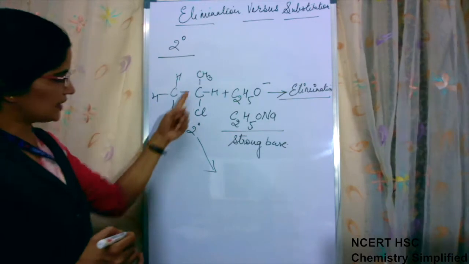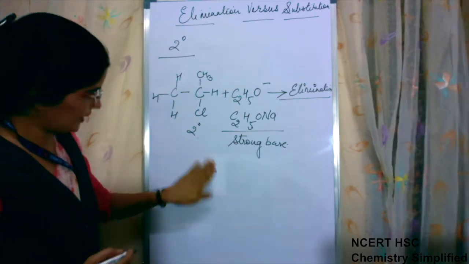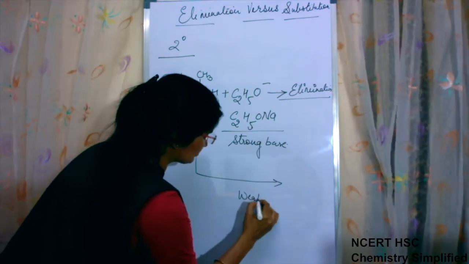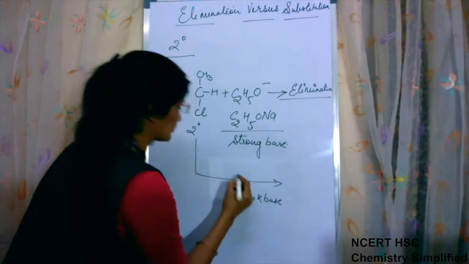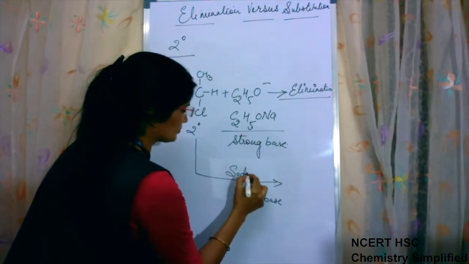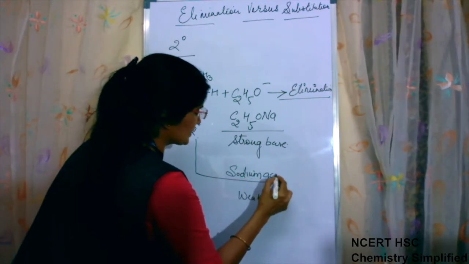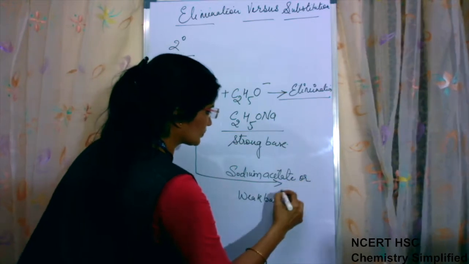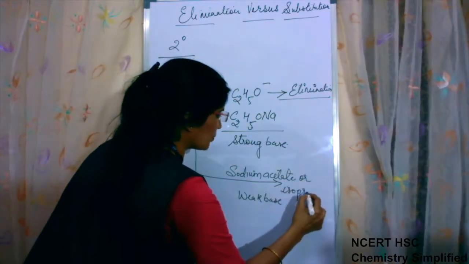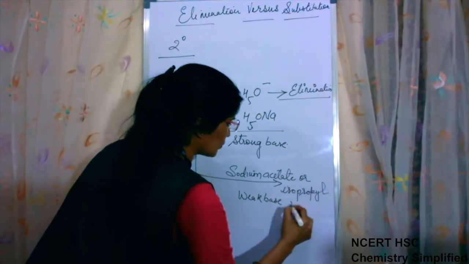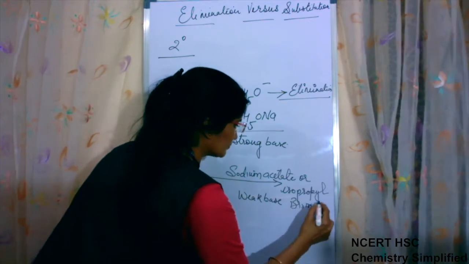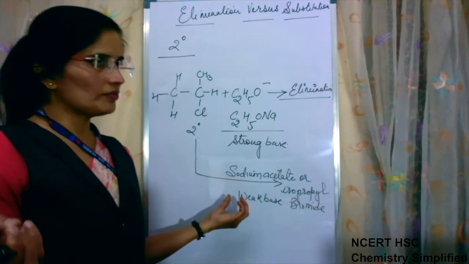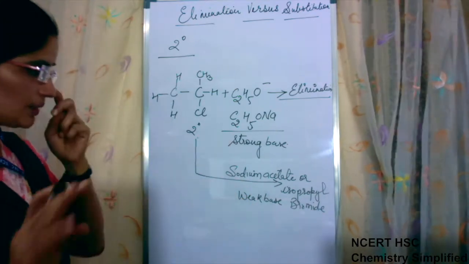If the same 2 degree alkyl halide is treated with a weak base like sodium acetate or isopropyl bromide. See, all bases you cannot remember, but some few names you are supposed to remember.